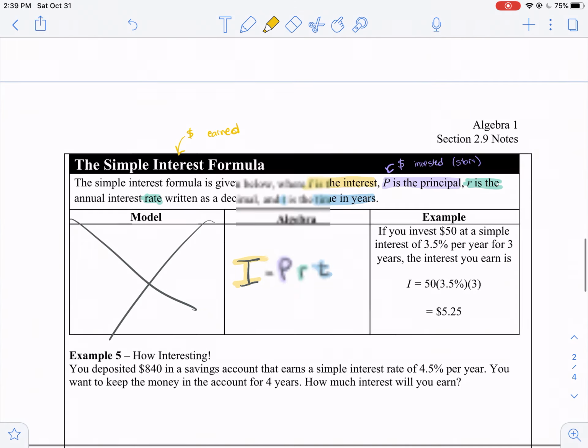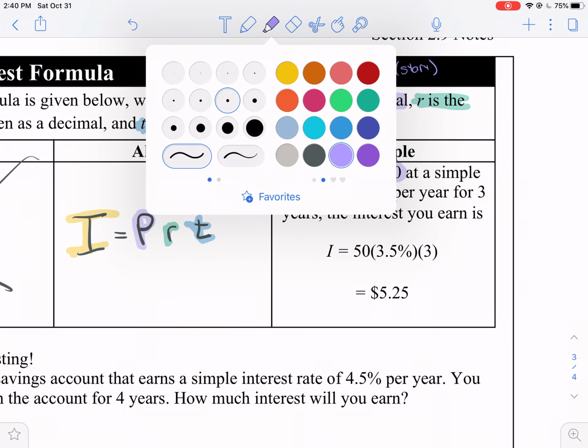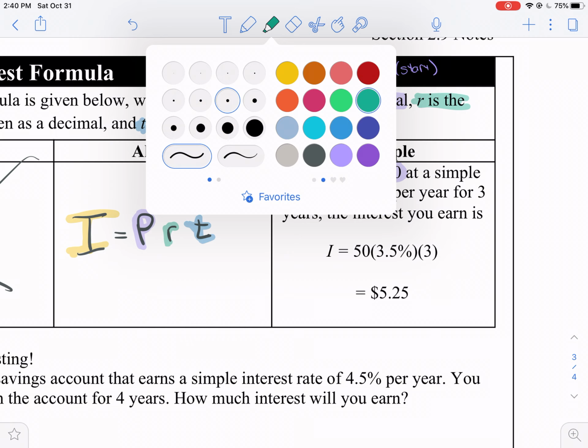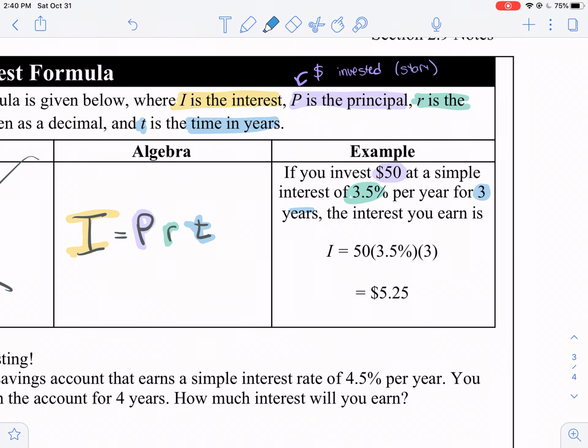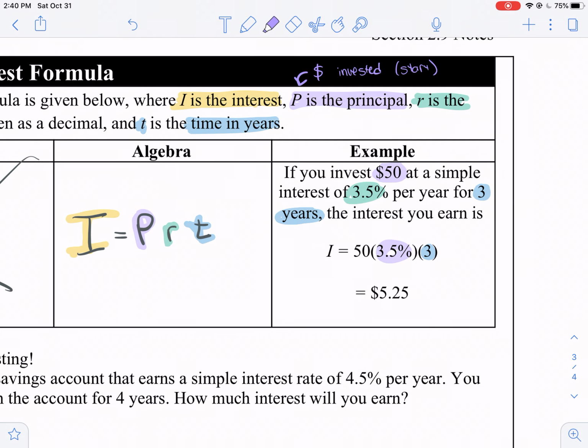For example, if you start out with $50 and you have your simple interest rate of 3.5% for 3 years, that will work out to I equals 50 times 3.5% times 3.